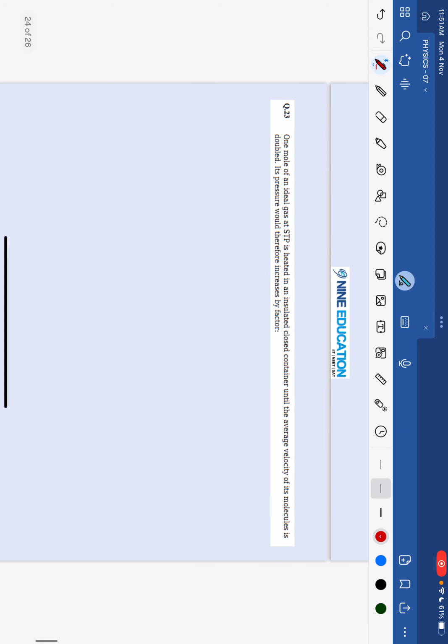Next one. 1 mole of an ideal gas at STP is heated in an insulated container until the average velocity of its molecules is doubled. Okay sir, what is the average velocity? Average velocity is going to become root 8RT by pi M, right? Now they are saying V average is doubled.